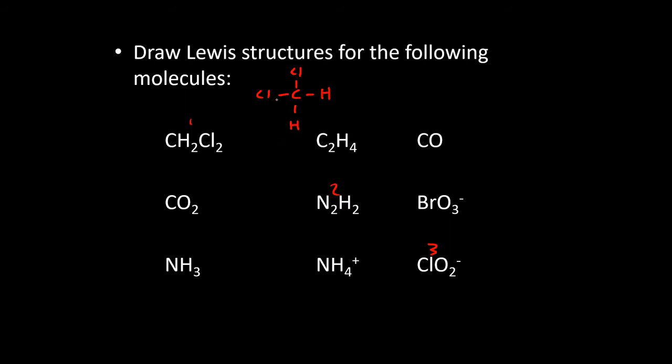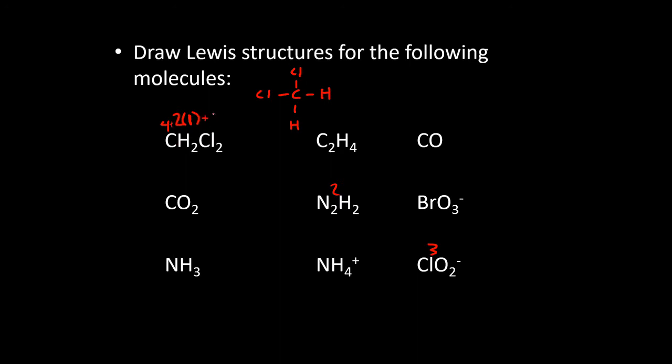Now, we are going to add up the valence electrons. So carbon has 4. It is in column 14 or column 4A, so it has 4 valence electrons. Hydrogen has 1, but we have 2 of them. So right now we have 4 plus 2.